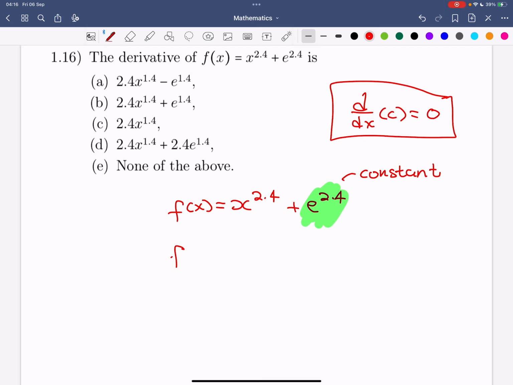So what is f prime of x in this case? It equals 2.4 x to the power 2.4 minus 1, which is 1.4, plus 0. So the answer in this case is 2.4 x to the power 1.4. So that's f prime of x.